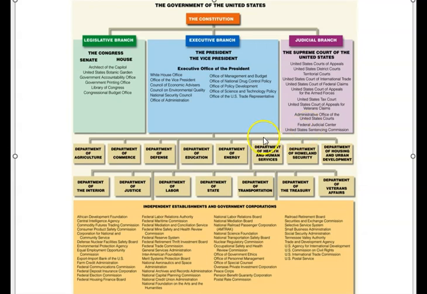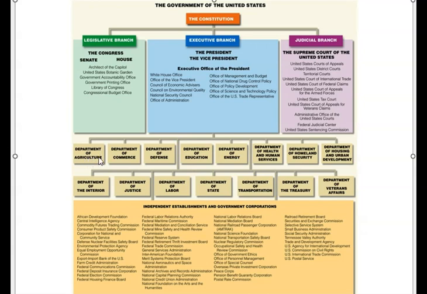Now, if you look closely, you'll see that under the executive branch is where the federal bureaucracy resides. In this example right here, you see all the various departments or secretaries of all these different entities that allow the president to do what he or hopefully she does.